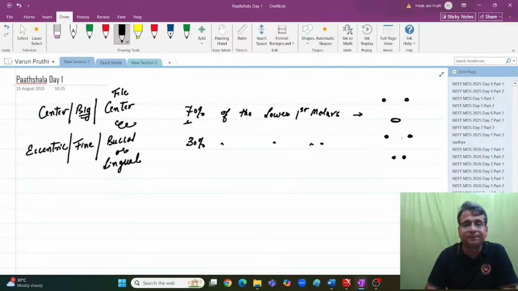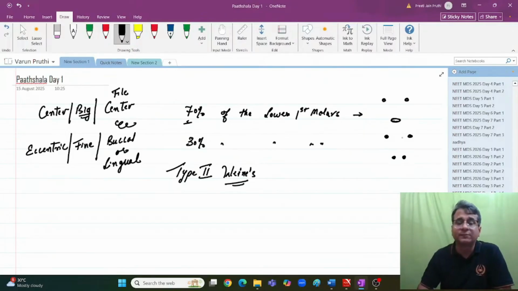Now over here you need to know about the Vertucci type 2 pattern also, which is common. Type 2 pattern: sometimes mesiolingual and mesiobuccal may join and exit as a single apical foramen, a 2-1 pattern. Also sometimes this may be there in distobuccal and distolingual. Both may join and become a single apical.